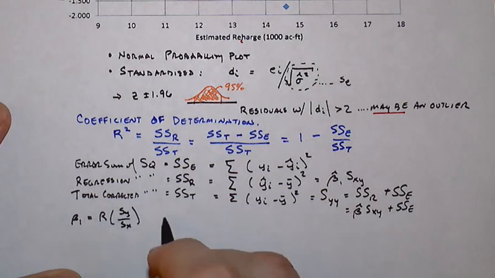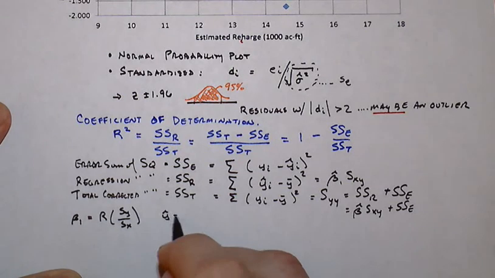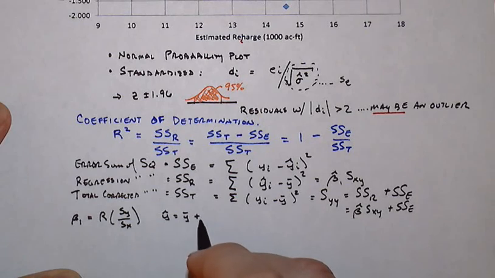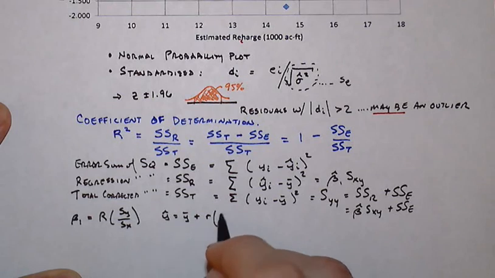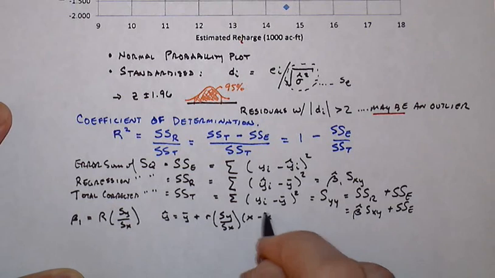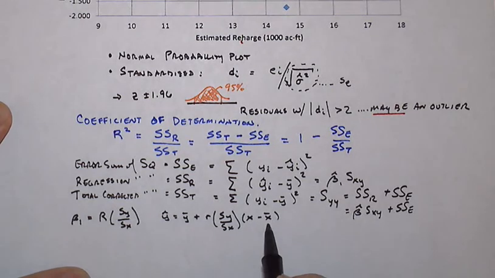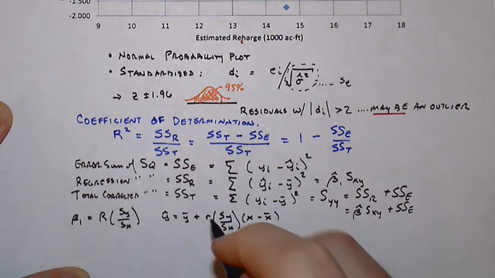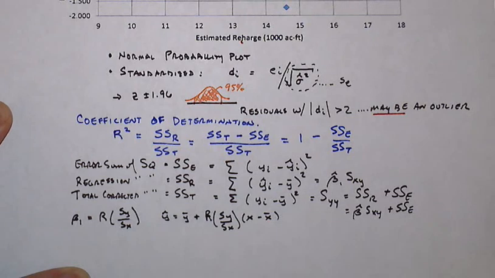And that means our predicted value is equal to our sample mean plus r times s y over s x, the ratio of the sample standard deviations, times the x value minus its sample mean. What I've done here is substitute in for our beta naught value, which equaled y bar minus beta 1 times x bar.